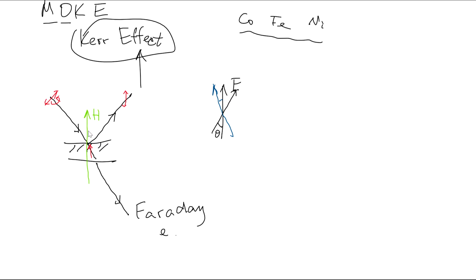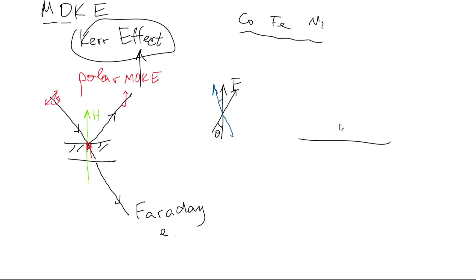Typically this is called polar geometry, polar MOKE. MOKE stands for magneto-optic Kerr effect. That allows us to measure magnetization at the point where we shine light. And typically it's done at normal incidence, not like shown here in the picture.